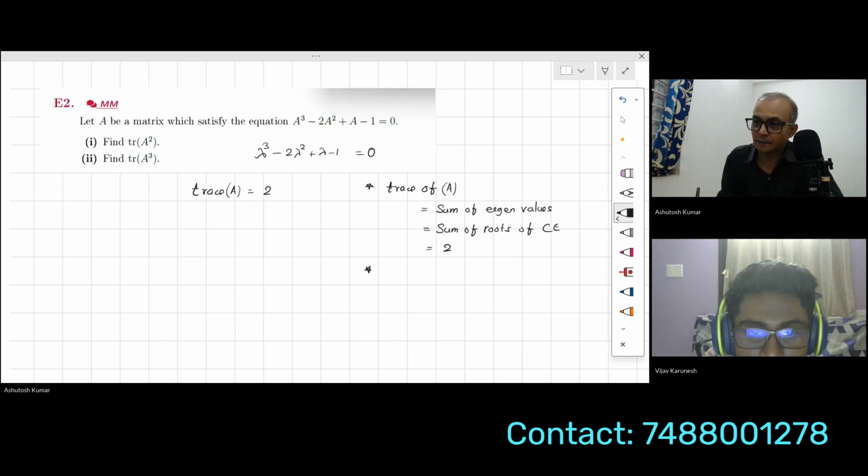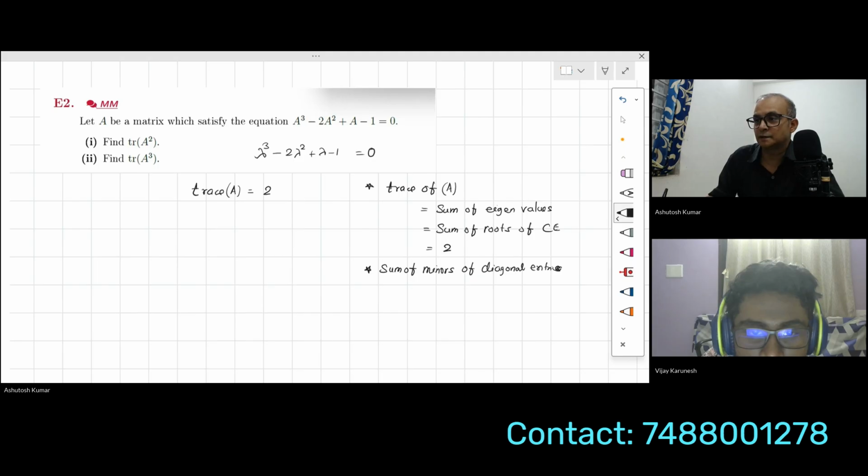Now the second thing, what does this coefficient of lambda indicate? It is actually the sum of the minors of the diagonal entries, not the cofactors.